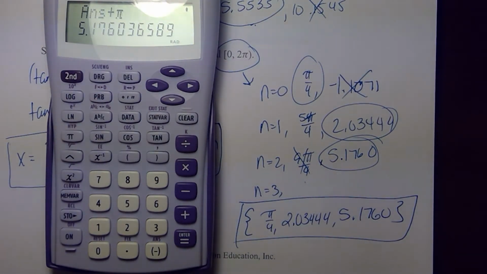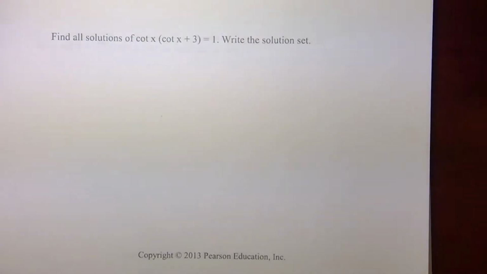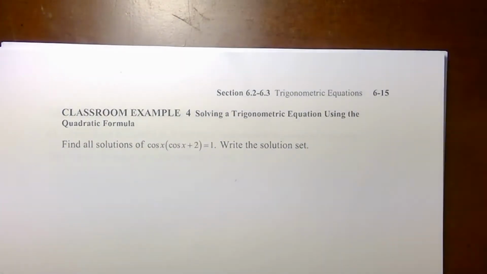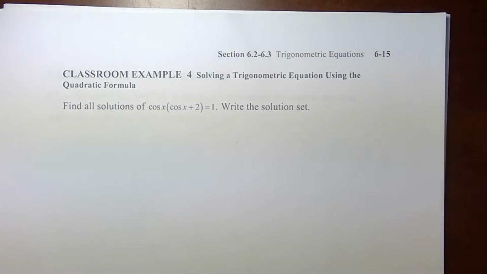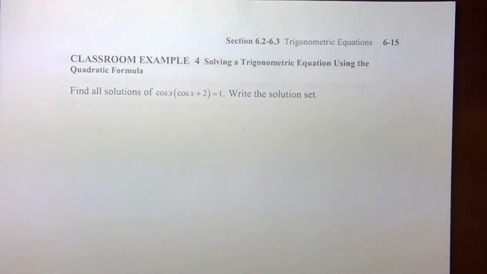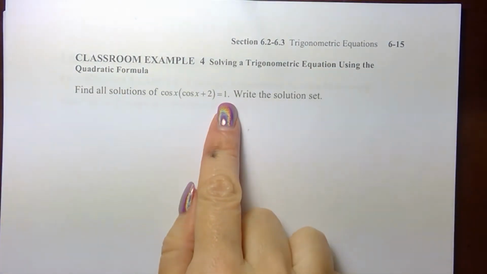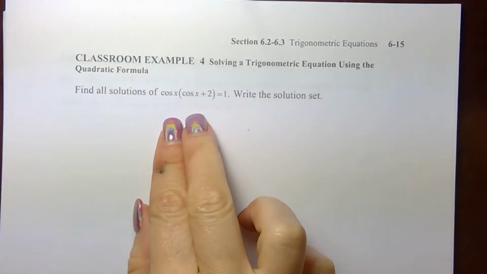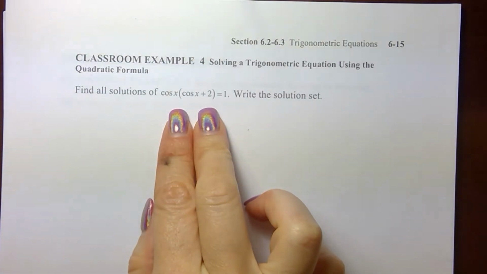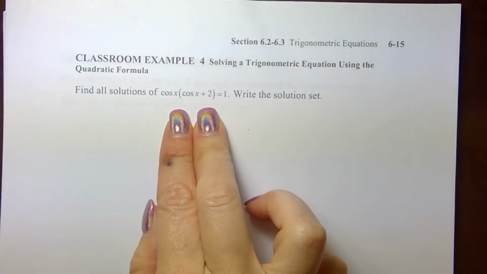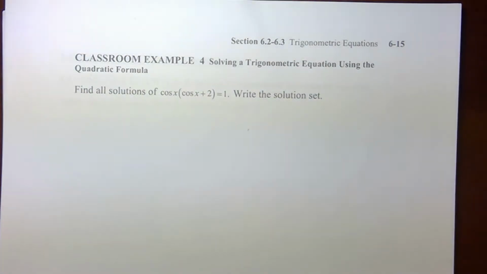What if you have a quadratic function but it's not factorable? Well, let's see what we do then. Example 4. Now is when we're going to pull out that quadratic formula that we were talking about earlier. Okay, so this is kind of a mess because if I move this 1 over, these are not pretty factors, and I can't set them equal to 0 since it's not equal to 0.